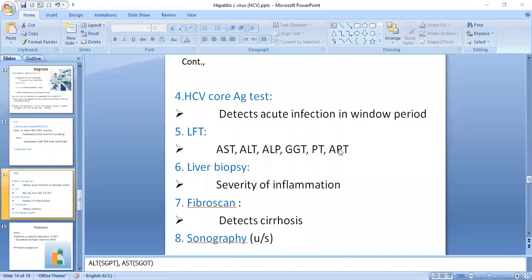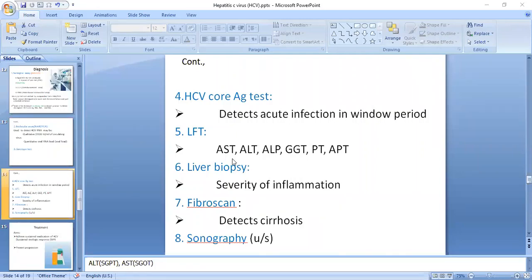And we also need to know the prothrombin time and the activated prothrombin time, and these liver function tests are also required to decide whether the patient is stable or not.